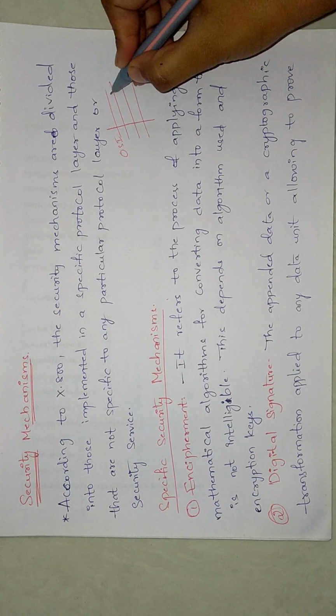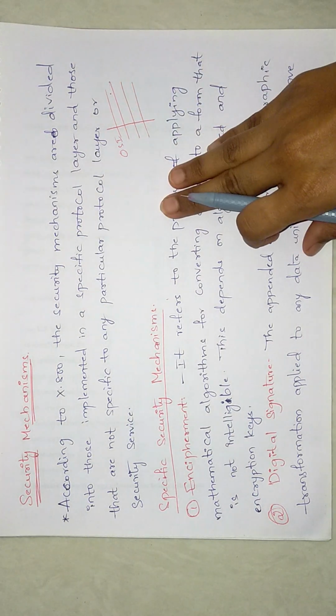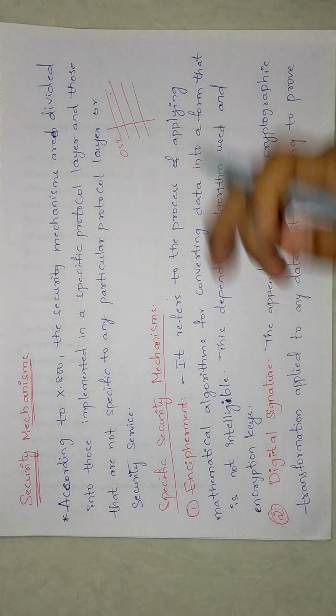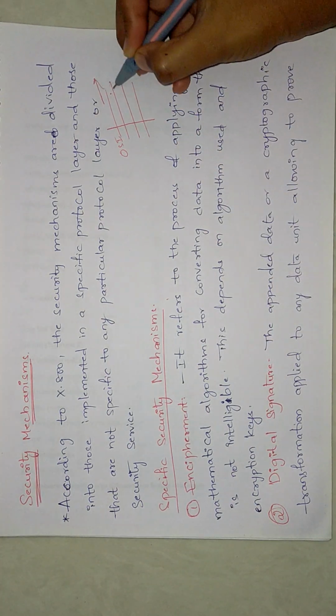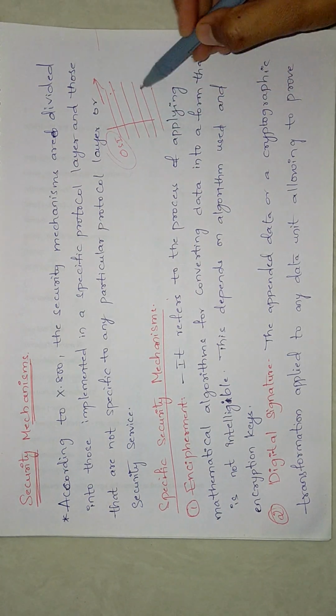So these security mechanisms are applied to only some specific layer. We have 7 layers in the OSI model.